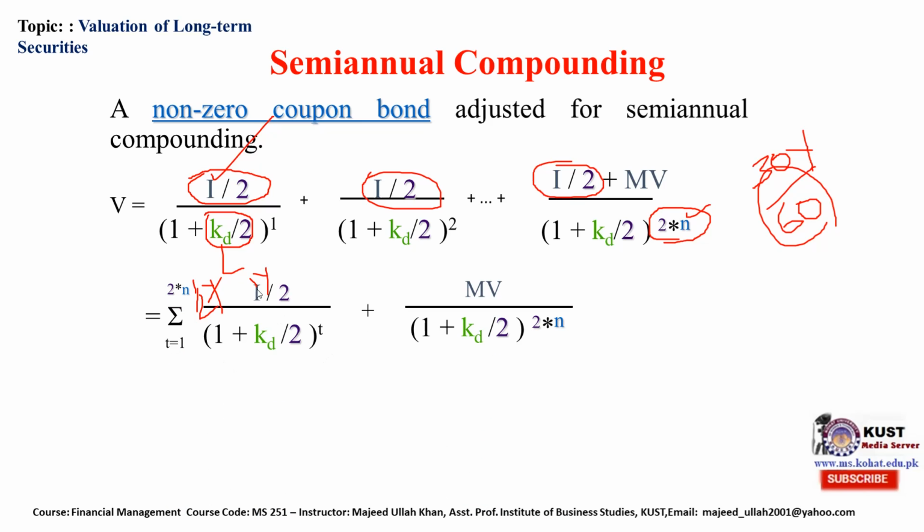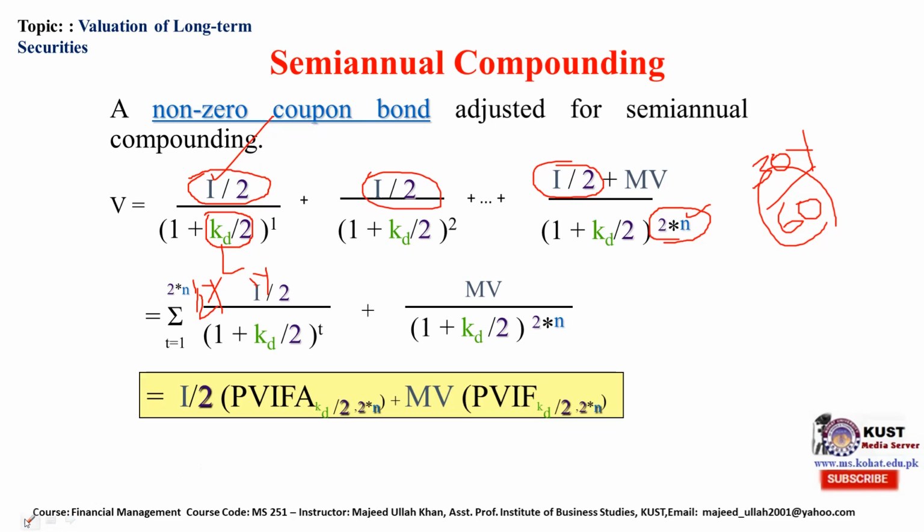Now we reduce this formula to interest divided by 2 into 1 plus the required rate of return divided by 2, raised to the power t, and the maturity value divided by 1 plus half the required rate of return, raised to 2 multiplied by the number of years. In short form, when we use tables, we divide the interest by 2, then use the present value interest factor in the tables.